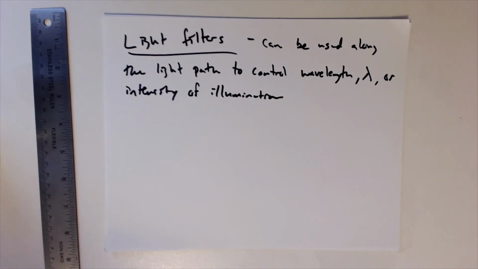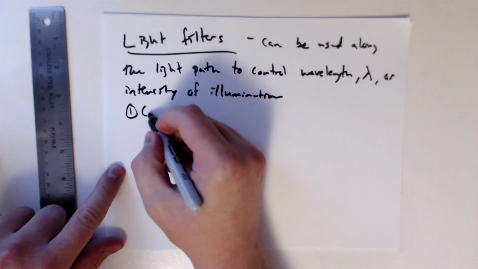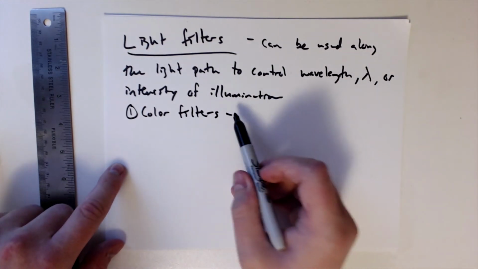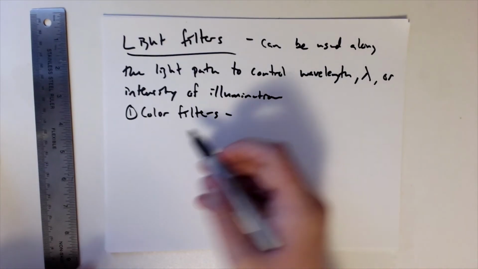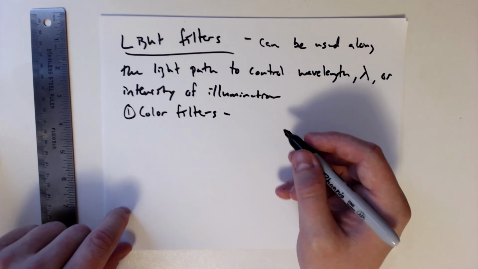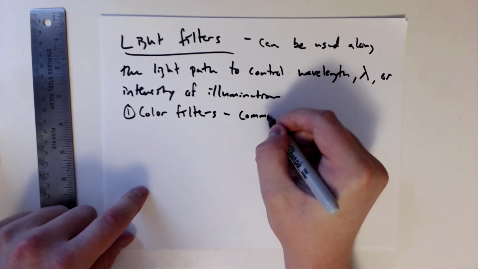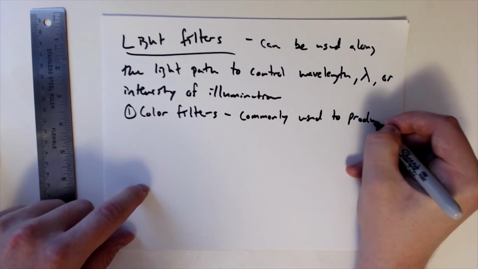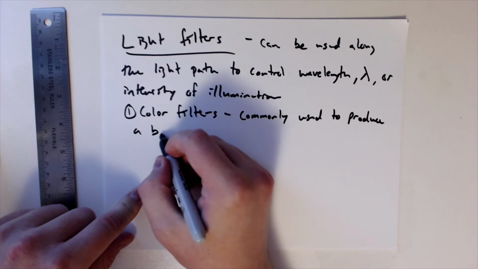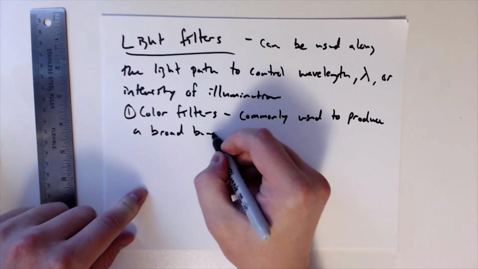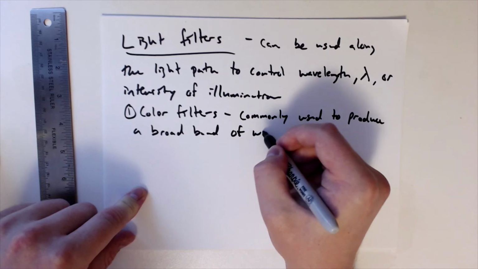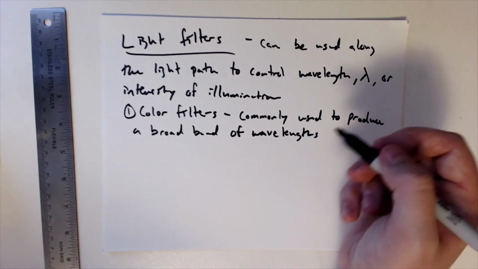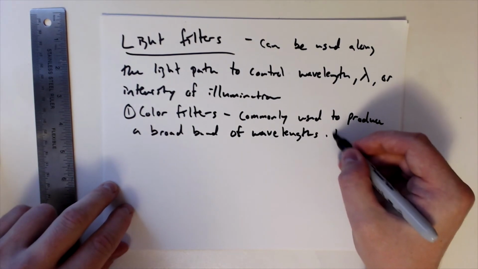In terms of light filters, we can have two types. Color filters. So if we can control the wavelength and intensity, therefore we're going to have two types. So color filters. This is commonly used to produce a broad band of wavelengths.